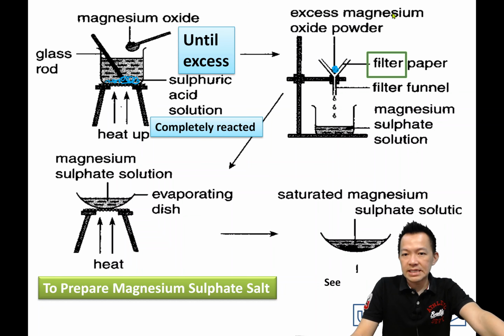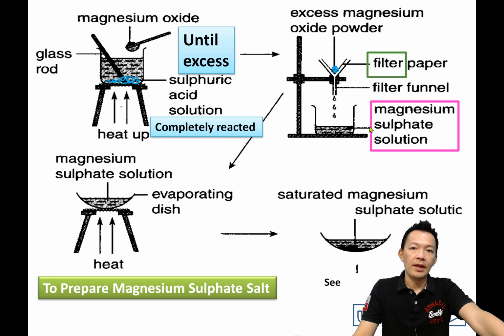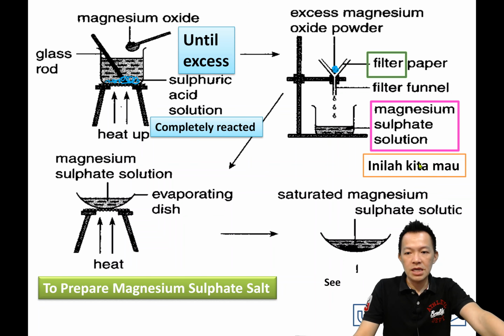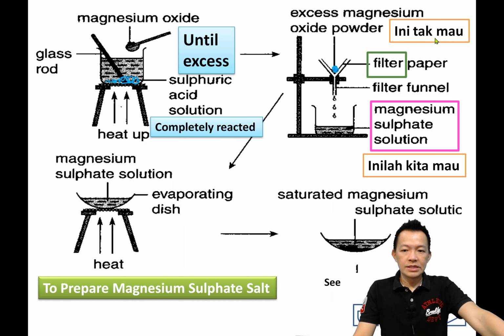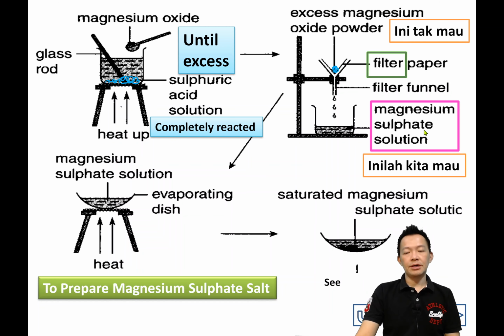So filter off the excess magnesium oxide powder, and now you get the magnesium sulphate solution. Label them: the solution is what we want, and the magnesium oxide powder we don't want.